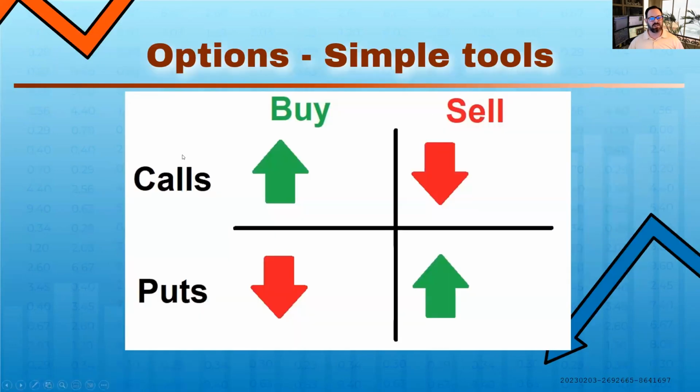When you think about it, if you buy an option, you only profit if prices go in your favor, and they have to do it within a certain amount of time before that option expires. However, when you sell an option, for instance, selling a call, I mentioned it's a bearish strategy. Well, you profit obviously if prices do drop because the red arrow shows you, but you can also profit if prices were to go sideways, and you can still profit even if prices rise slightly, but not that much.